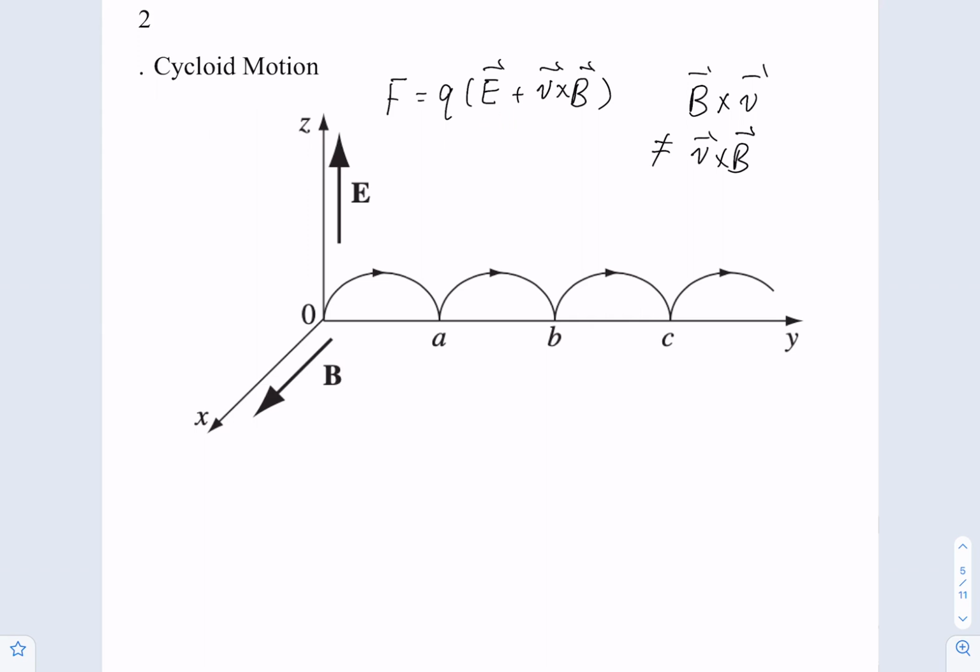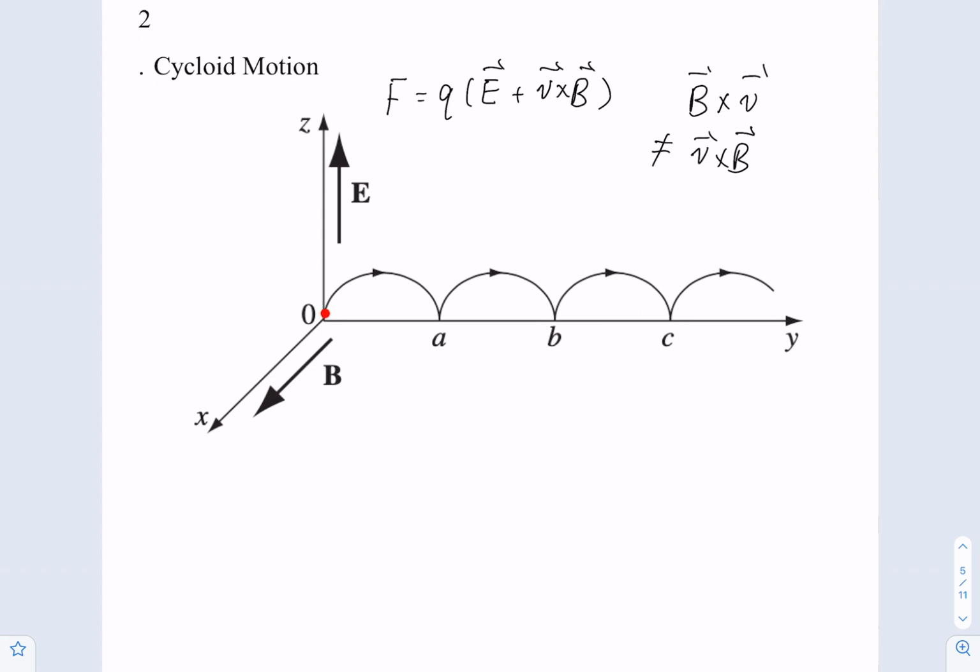So you can imagine that it will go up, and now once it goes up, it picks up a velocity, and it will feel this magnetic force. So it will deflect the orbit.